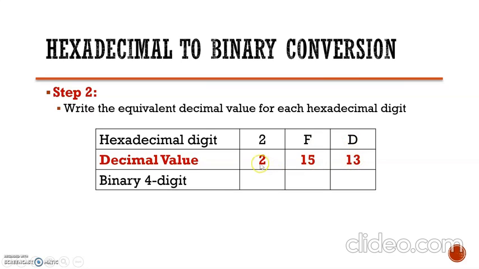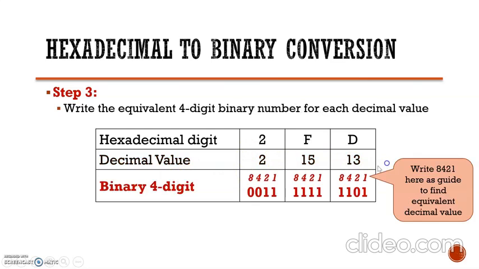Right? So after you have written this, the next step, you are going to find the binary 4-digit for each decimal value here. To help us do that, we write the place values first, 1, 2, 4, 8, 1, 2, 4, 8, 1, 2, 4, 8 here like this. This is to guide us in finding 13.